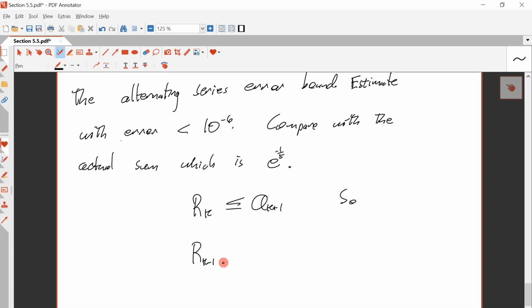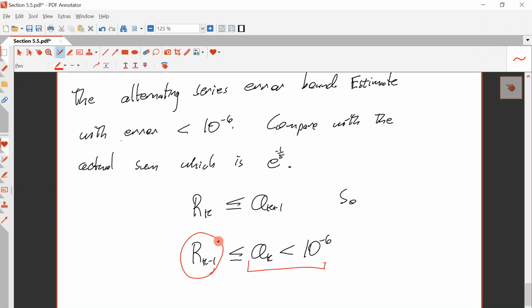The k minus first remainder is less than or equal to a k, just to make the arithmetic a little easier. And make that less than 10 to the minus 6. Okay? So what we need to pay attention to now is this part. So we want this to be less than 10 to the minus 6.